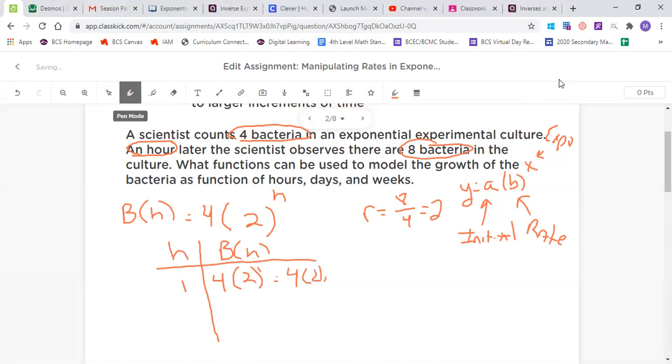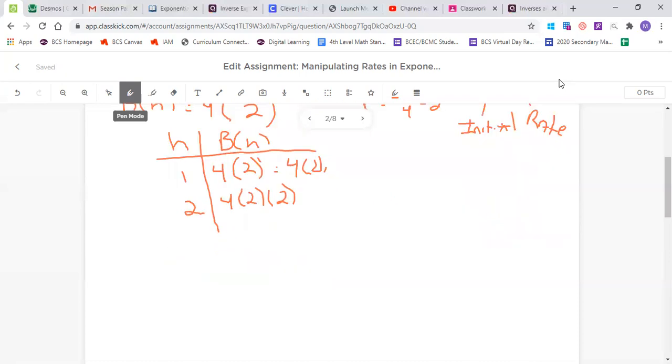If I had 2 hours, I'd have 4 times 2 bacteria, which is 8, but then I'd multiply it by 2 again, because that rate is going to happen again. If I had 3, it would continue 4 times 2 times 2, and then for the 3rd hour, it would double again, giving us 4 times 2 times 2 times 2, which is 2 cubed.